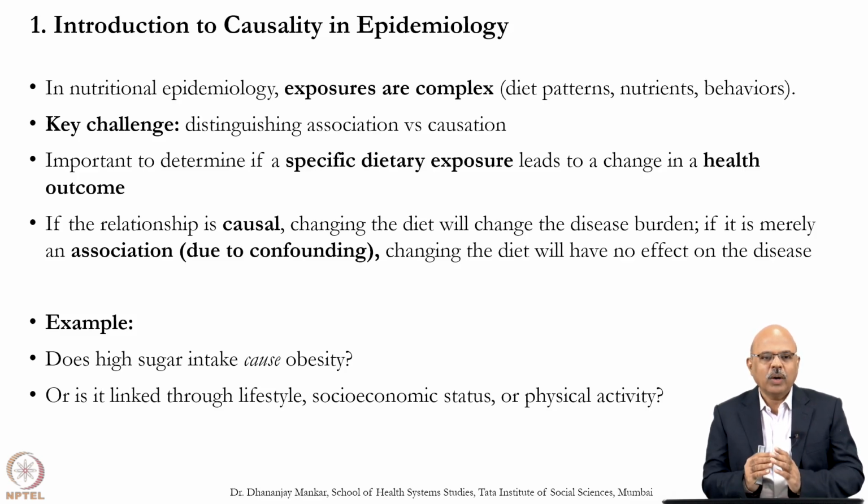It is important to determine if a specific dietary exposure leads to a change in a health outcome. If the relationship is causal, changing the diet will change the disease burden. If it is merely an association due to confounding, changing the diet will have no effect on the disease.